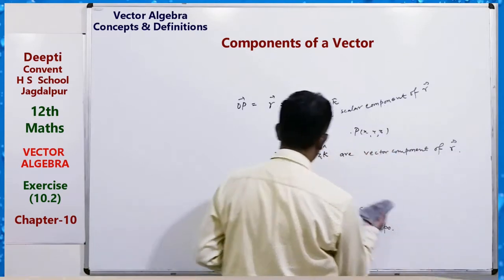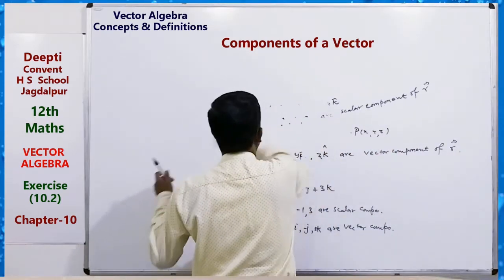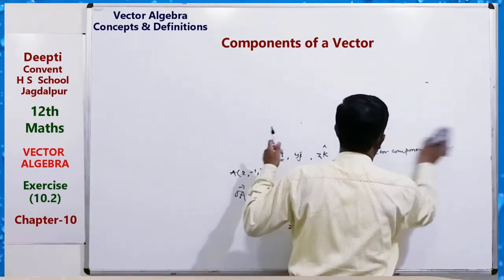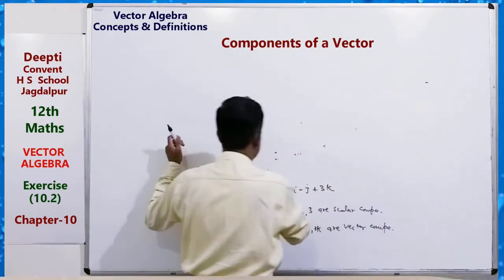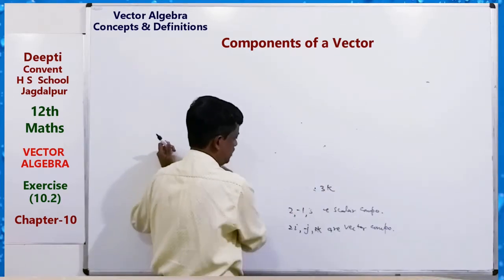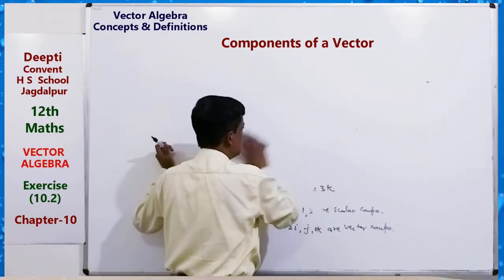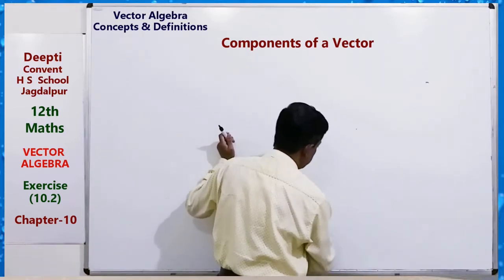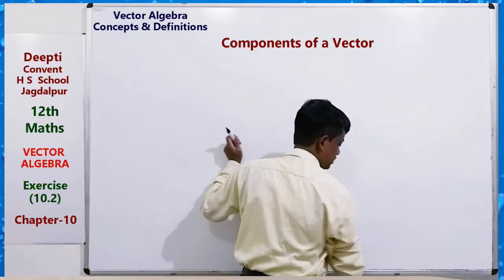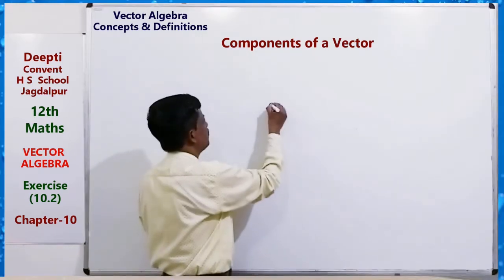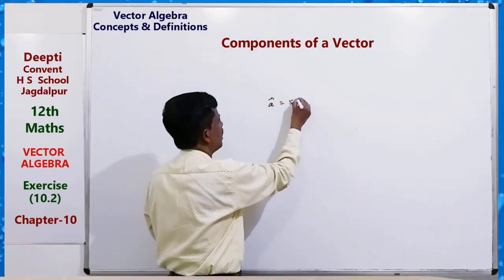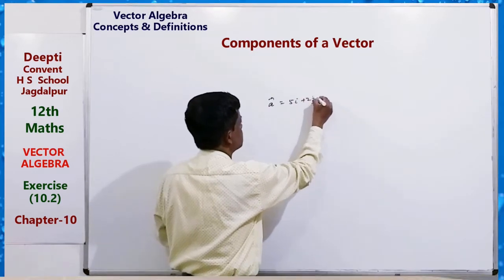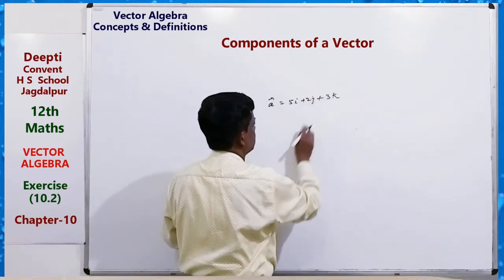So these are the basic concepts, and we can add any two vectors in component form just like simple addition. So add, subtract and also multiply by a scalar. Suppose we are given a vector a equals 5i plus 2j plus 3k.